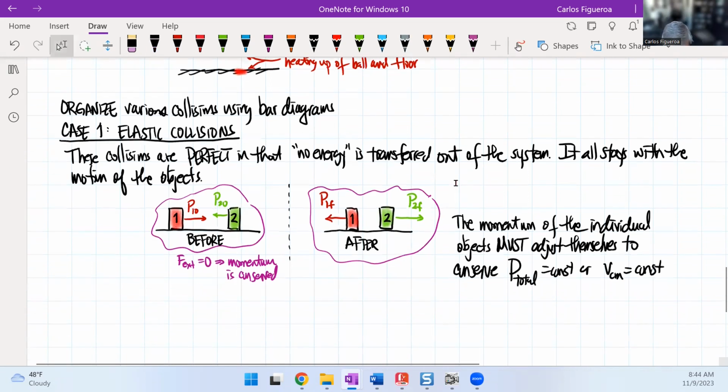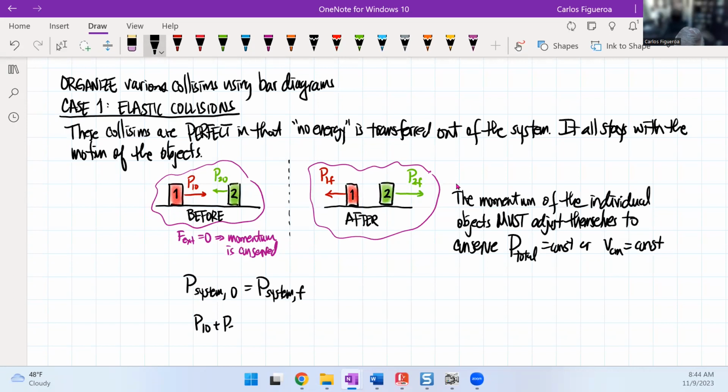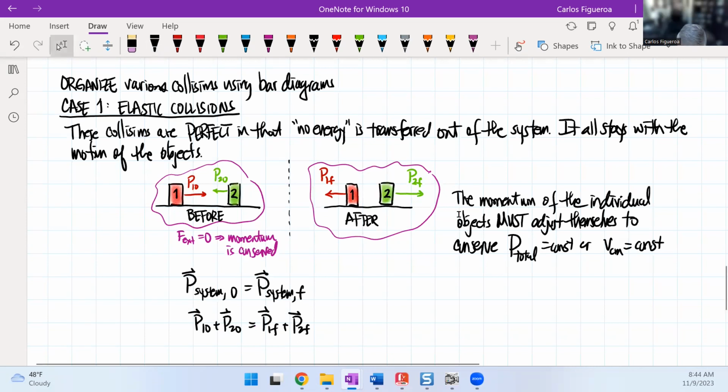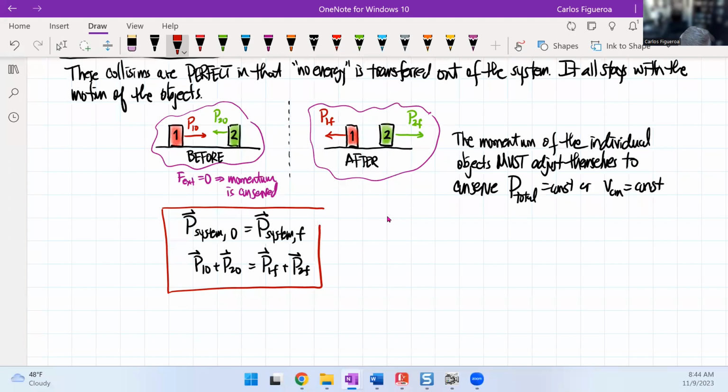Because of this, the momentum of the system initially must be the momentum of the system in its final state, which means P1 initial plus P2 initial equals P1 final plus P2 final, and these are vectors, so we have to pay attention to their sign. This is what we mean by momentum conservation, conservation of linear momentum.